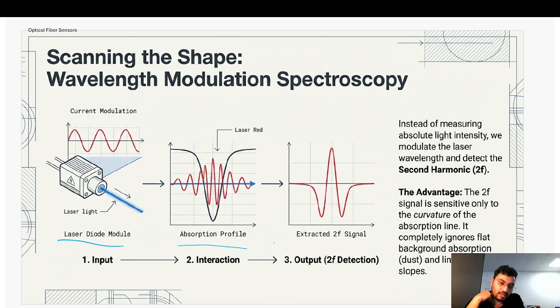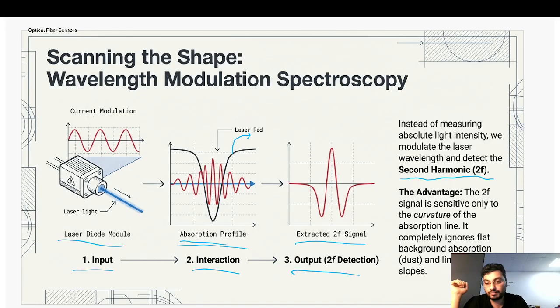After the absorption profile, the signal is extracted at 2F. From input to interaction to output, it should be measured properly, and to detect it we should detect the second harmonic, 2F, which gives a better correlation for gas detection compared to the absorption profile, where dust particles blocking the light can also play a role.